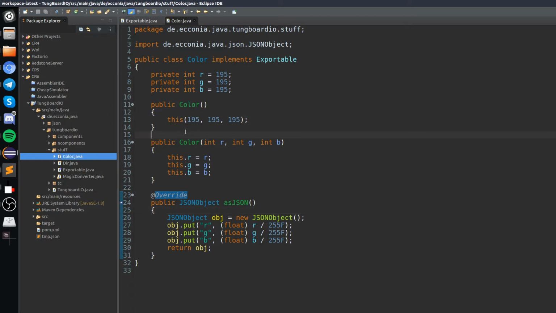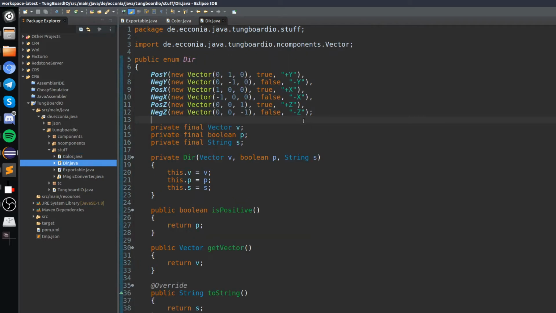I just generate this class in each of the objects and then leave it somewhere. I thought, okay, I need directions. Six of them. I need six directions, that's good. So I got two of them for each axis. I got a vector for that and I just stored if it's positive and negative for ease of use.